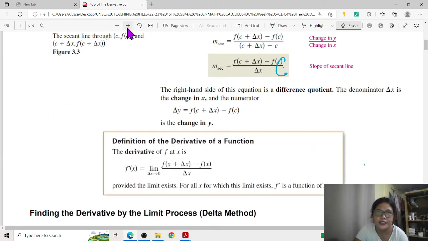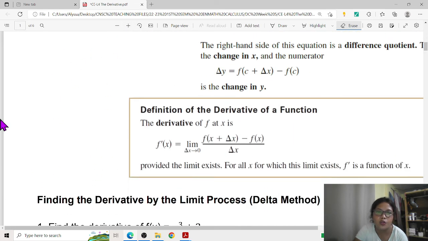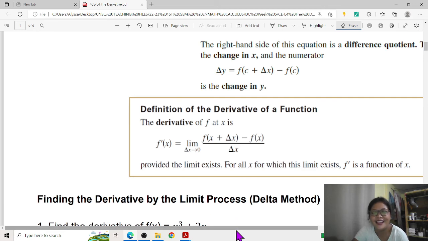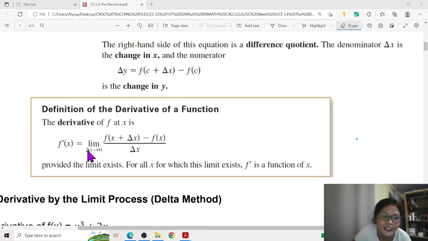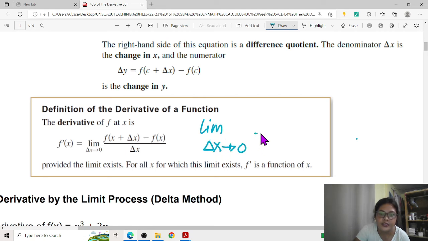So dito magsisimula ang sakit ng ulo ng mga first year sa derivative. So yan yung taking also the function or the derivative of that function, i-relate din natin siya sa limits kasi ko-consider natin na ang limit of delta x as it approaches to 0 is sa substitute mo yung limit ng delta x sa bawat equation.